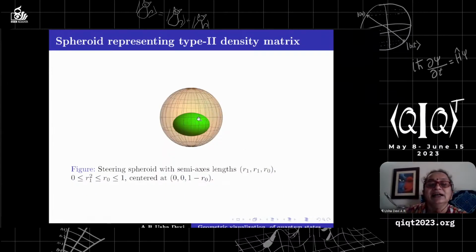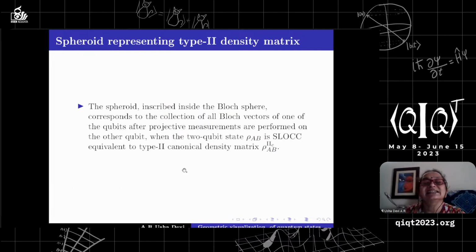Similarly, for the second canonical form, two of the semi-axis lengths are the same. It's a spheroid which is shifted. So we have such pictures, a spheroid inscribed inside the Bloch sphere, corresponding to the collection of all Bloch vectors. I have been repeating because mathematics may go away, but it's a calculable, analytically realizable structure, which is very important.